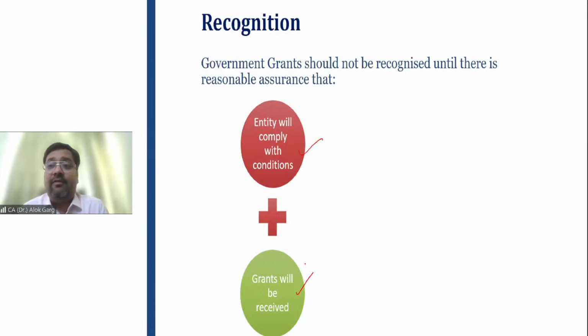Sriram is an auditor of this company. When the money came, the entity recognized this money as government grant income: bank account debit to other income. Sriram has told the entity, first of all, you need to prove to me whether you will be able to comply with the condition, right?